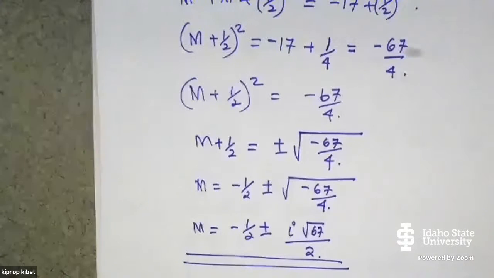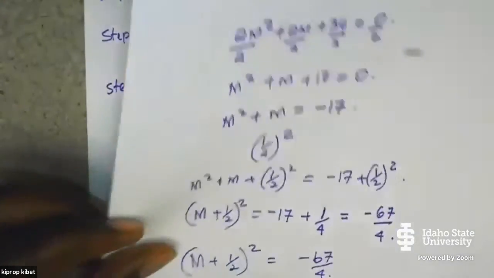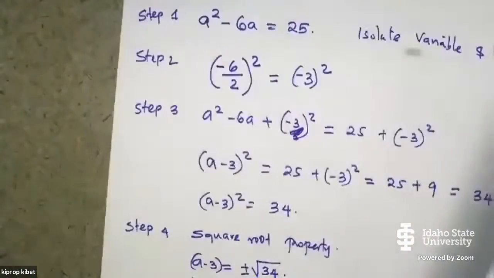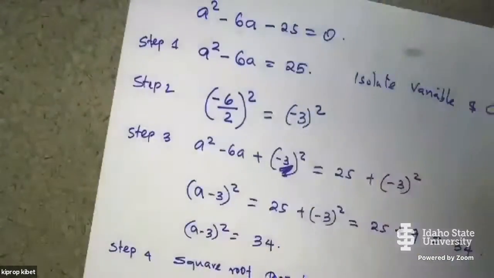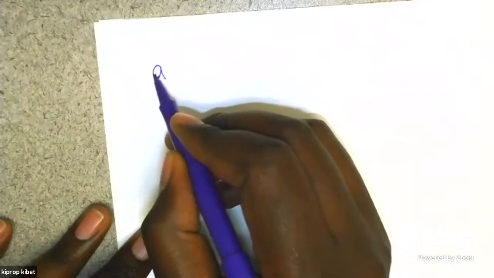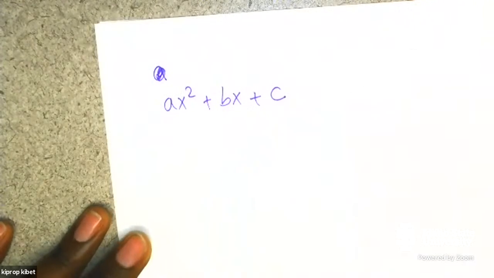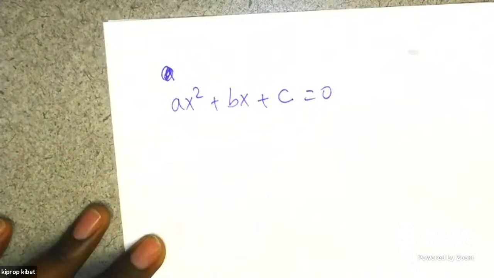So the only thing you need to remember here is this sign. Mostly you are just given an equation like this, let's say ax squared plus bx plus c equals 0.